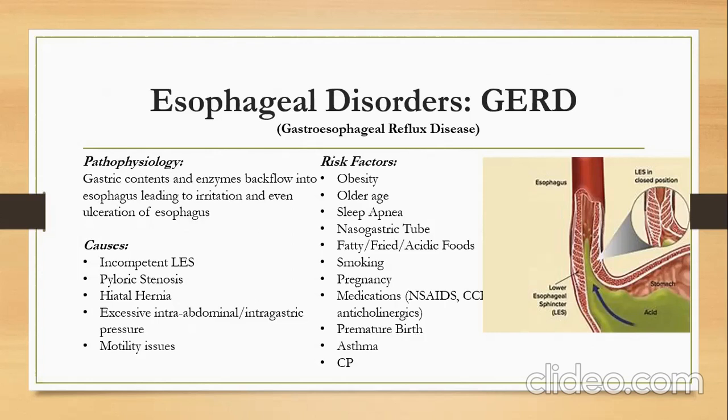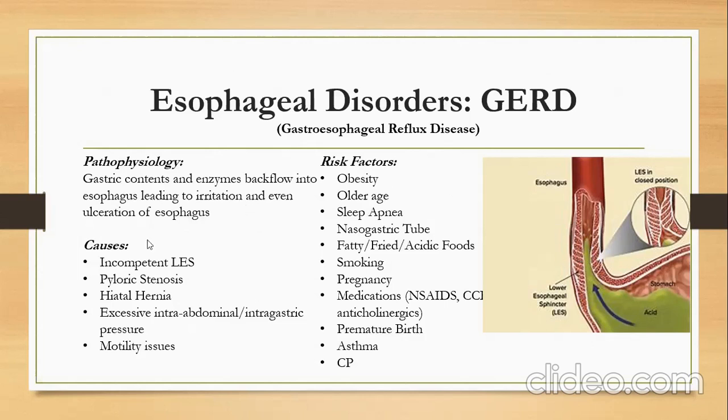It should not back up through the sphincter. That sphincter opens and closes due to muscles contracting and relaxing. So as you could see in that close-up picture, the little circle right here, that muscle is contracted and the sphincter is closed. If those muscles are too relaxed, then the sphincter will open.